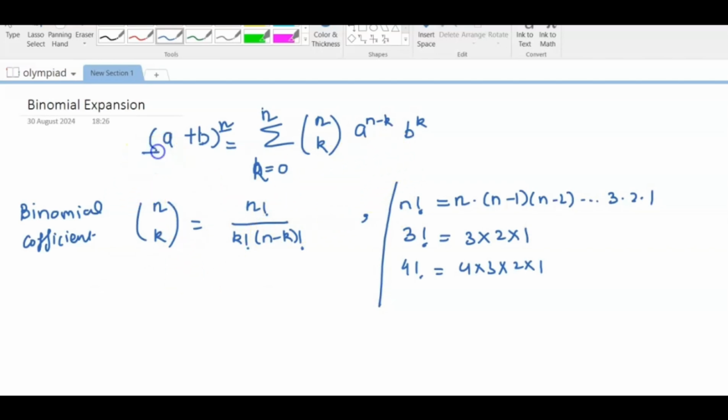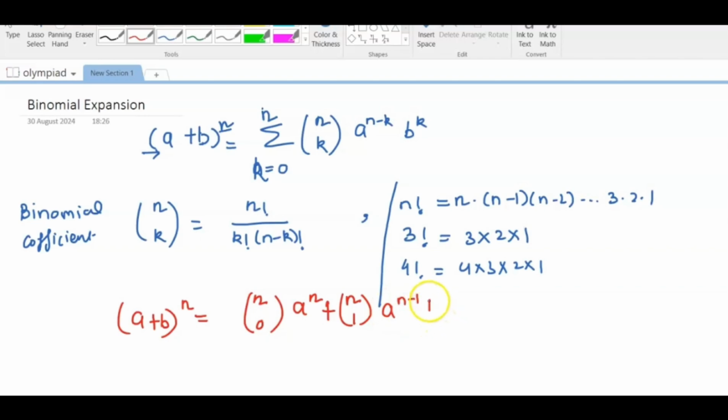So this means we can also write (a plus b) to the power n as n choose 0 times a to the power n, plus n choose 1 times a to the power n minus 1 times b, plus n choose 2 times a to the power n minus 2 times b square, and so on, up to n choose n times b to the power n.